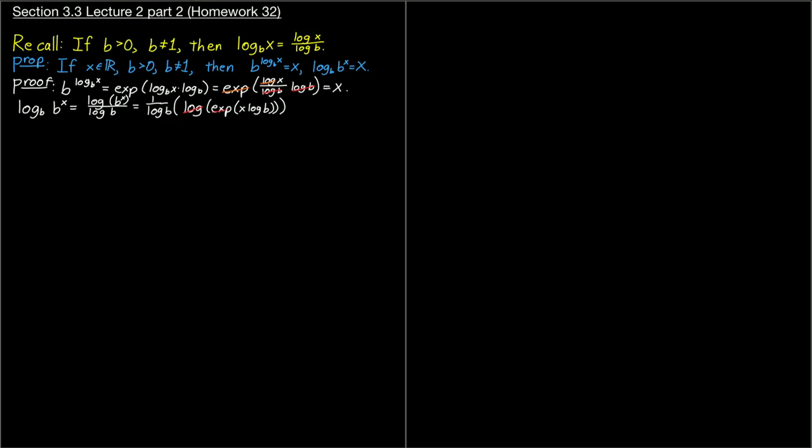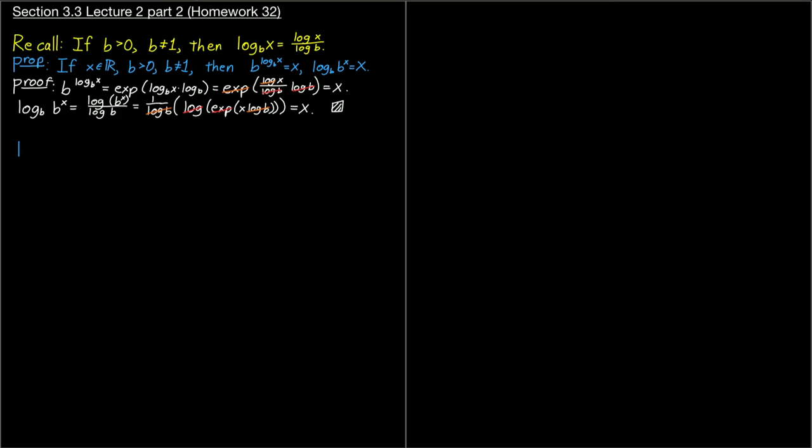So the log and exp cancel with each other, and we're just left with x times log b over log b. The log b's cancel with each other, and we're just left with x. So these definitions do match up with what we think they ought to.